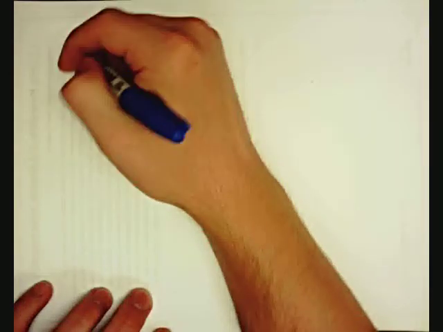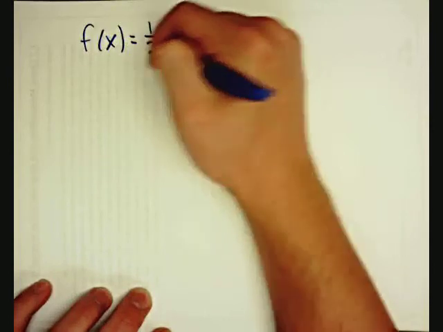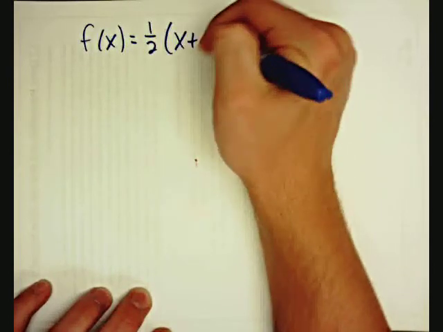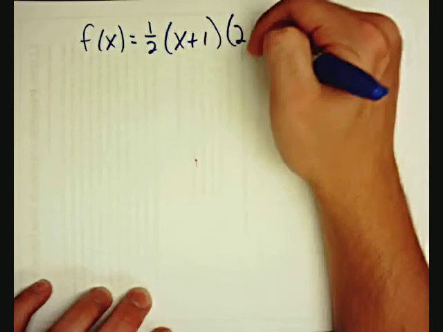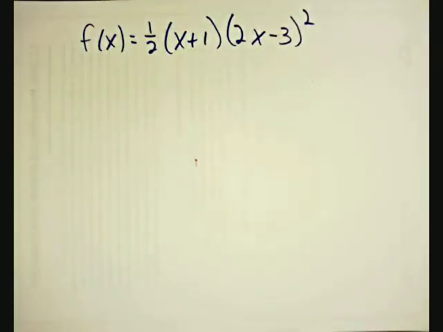Example 6: find the zeros of f of x equals 1/2 times (x plus 1) times (2x minus 3) squared. Give the multiplicity of each zero and state whether the graph crosses the x-axis or touches the x-axis at each zero.